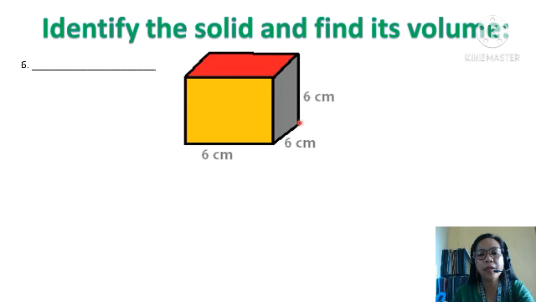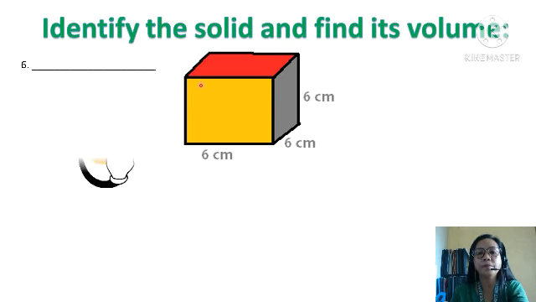So, if you observe, pareho sila ng sukat lahat ng gilid. Dahil pareho ang sukat nila, ano ang tawag ng solid figure na ito? Okay, good. This is what we call the cube. Okay? So, a cube has perfect sides. And how to compute for volume?